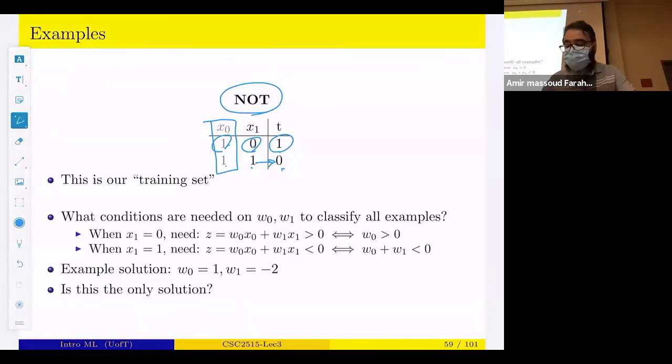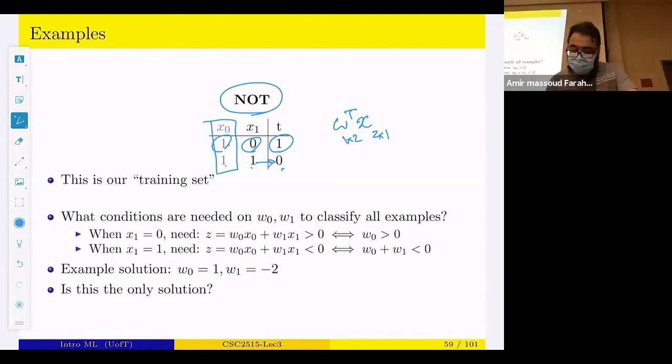Remember, the model was W transpose X. X is 2 by 1 here, so we need to find a 1 by 2-dimensional vector. Basically, we put in these inputs and try to find weights that satisfy our requirements.